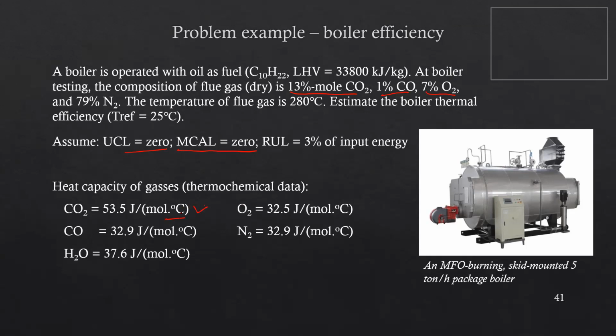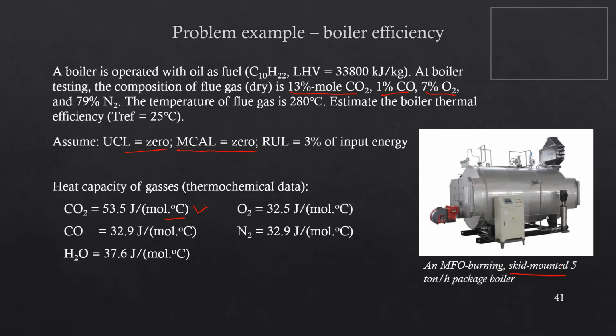And the illustration on the right-hand side shows MFO burning. The MFO, which we define as medium fuel oil burning, is a type of skid-mounted package boiler with a capacity of 5 ton per hour.